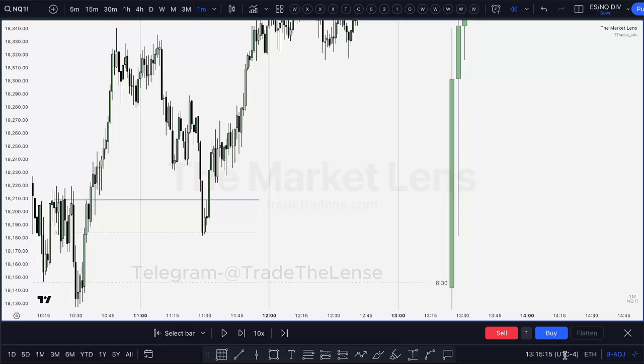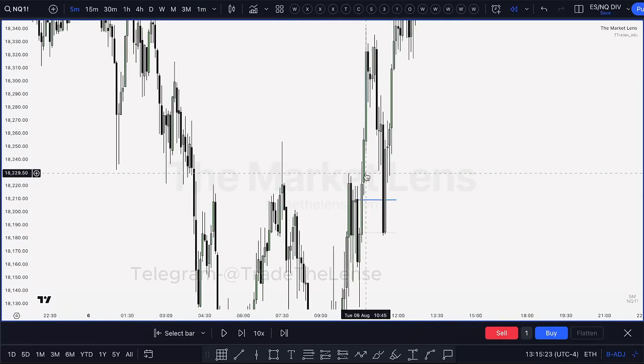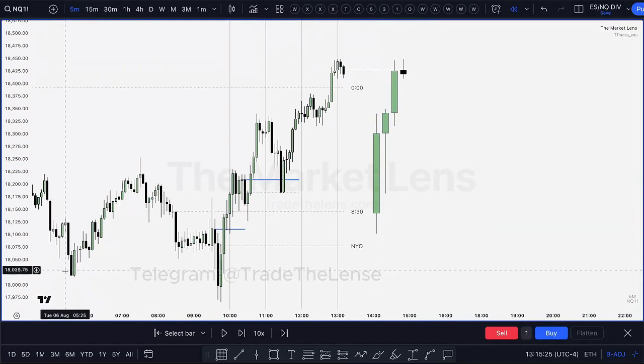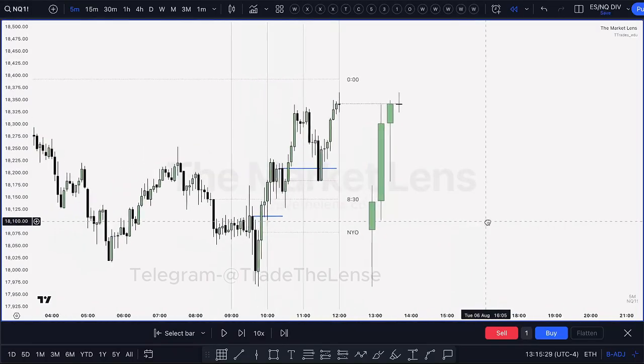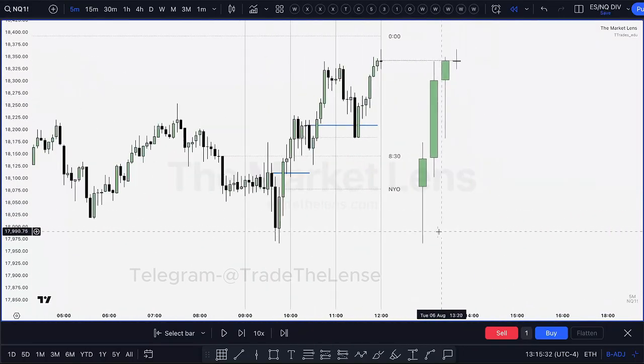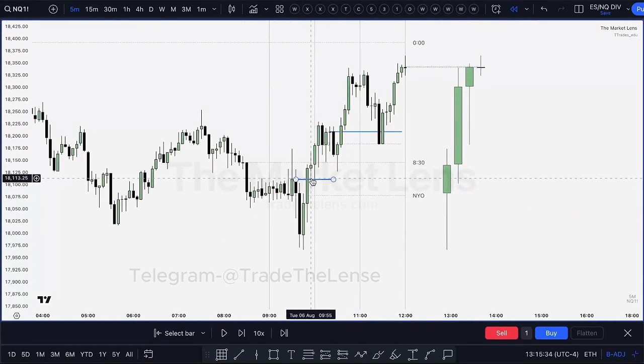Isn't it technically a fractal where AM would enter? A lot of times, I'll talk about this real quick, AM is entering the candle 2. So if we go here, AM is entering on candle 2, while I'm waiting for candle 3.